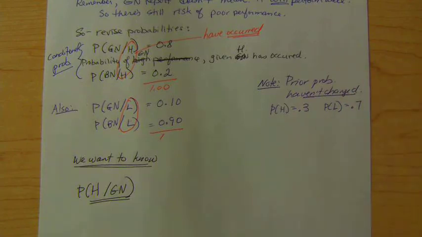So let me say that again about this. These are conditional probabilities: that high has occurred, what's the chance it would be tied to good news or bad news? Low has occurred, what's the chance it would be tied to good news or bad news? Okay? We want to know what's the probability, given the good news, that high occurs.